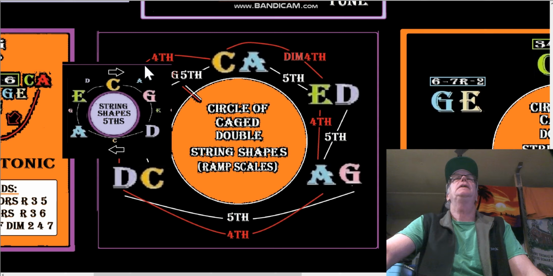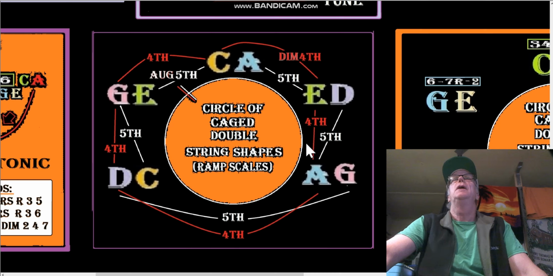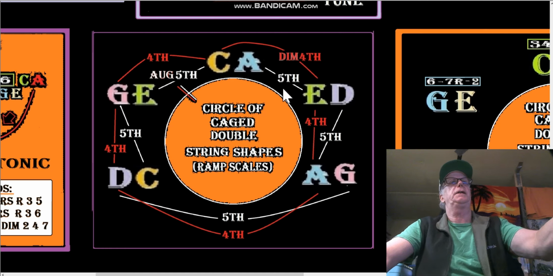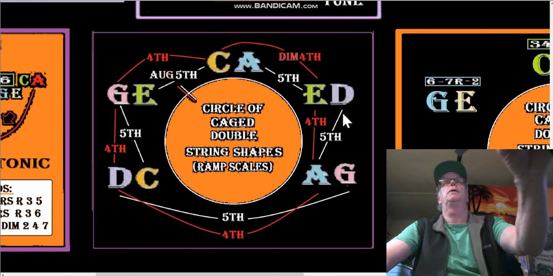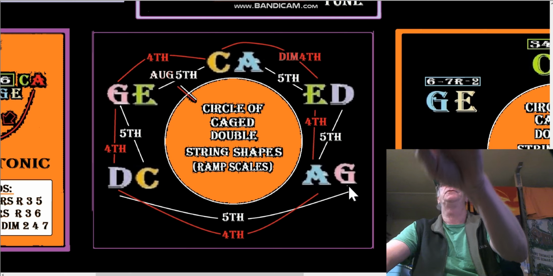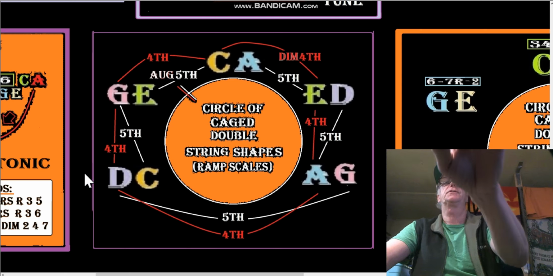So I've got the little circle here kind of blocking the way, so let's clear that out. I've got two versions of this. Okay, so here it is. We go C to A to E to D. This is in the double string shape now. So C to A: it's 3, 4, 5, 6, 7, root, 2, 3, 4, and then A is 5, 6, 7, root, 2 for G, and then D is 6, 7, root.